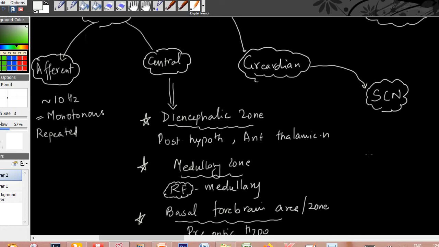So how does it influence? It influences by the retinohypothalamic tract. It's very important. I hope you have learned about this also.